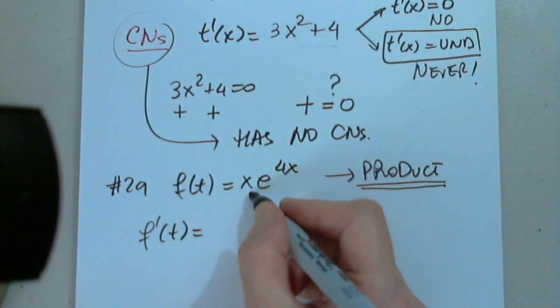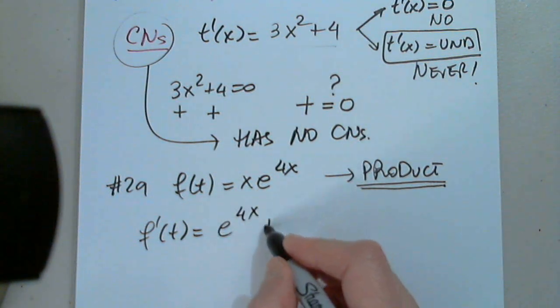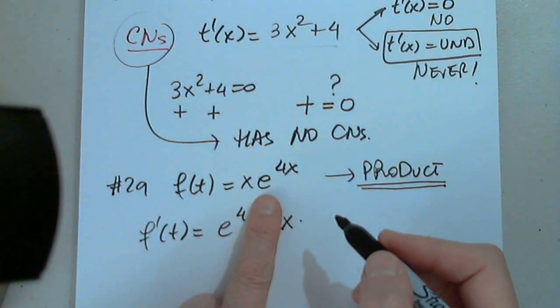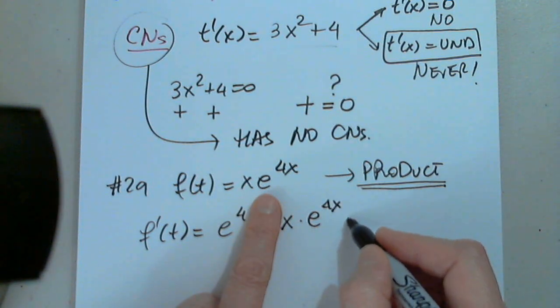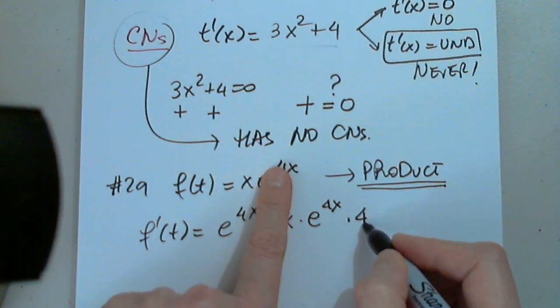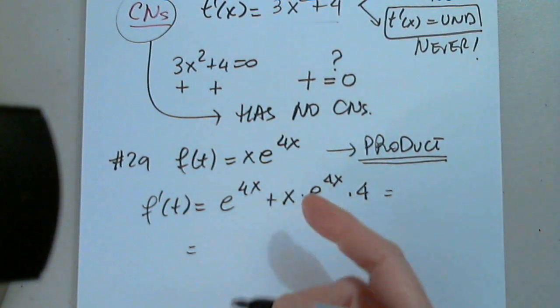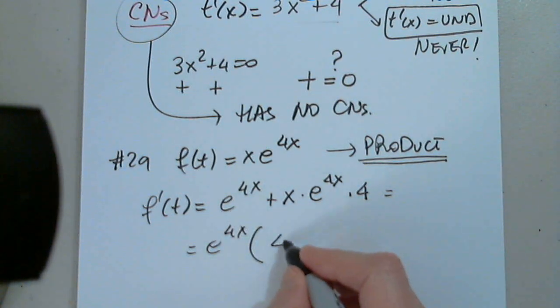The first function prime is 1. So I have e to 4x plus x times this function prime. We discussed this at the beginning: e to 4x times the inner function prime. Okay, I have the derivative. Of course, I will factor out e to 4x, and I get 4x plus 1.